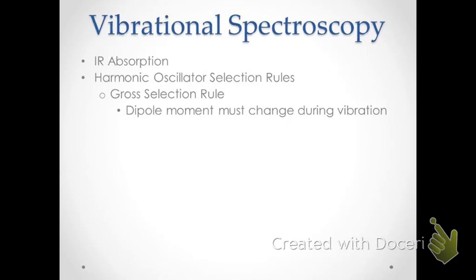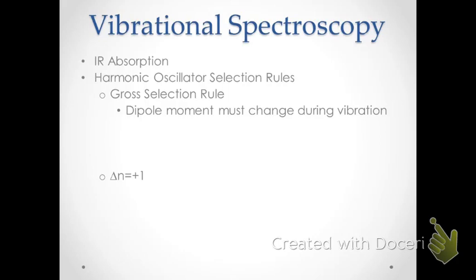So we'll take a look at specifics in a minute, but if you think about a diatomic molecule, as the atoms vibrate back and forth, remember we can more or less consider the bonds to be springs in these vibrations, so we're getting a stretching and a contraction, a stretching and a contraction as they vibrate. If we're going to be able to induce a transition that we'll observe in the infrared spectrum, the dipole moment has to change during that vibration. If it doesn't change, then we won't induce a transition with the electromagnetic oscillations.